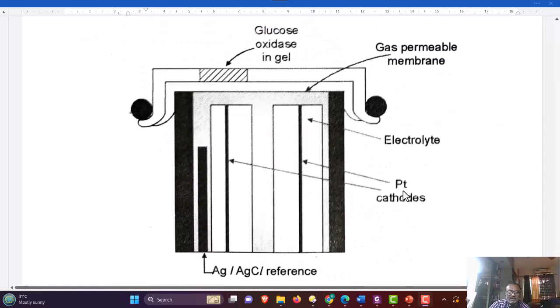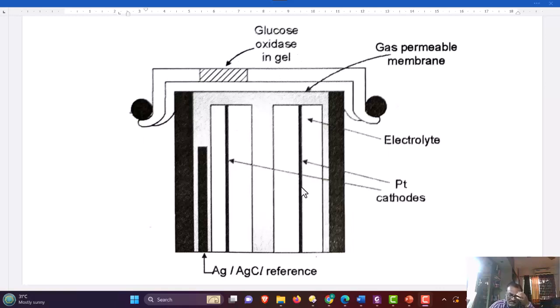A typical blood glucose measurement strip is shown here. Here there are two electrodes. There is an exposure vent here, and there is a glucose oxidase gel. The blood sample is placed in this glucose oxidase, and the chemical reaction takes place.